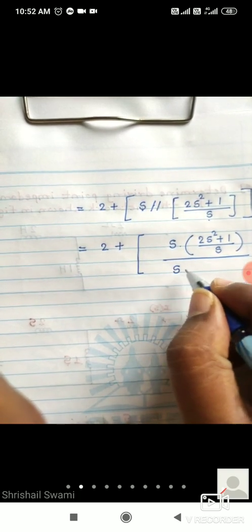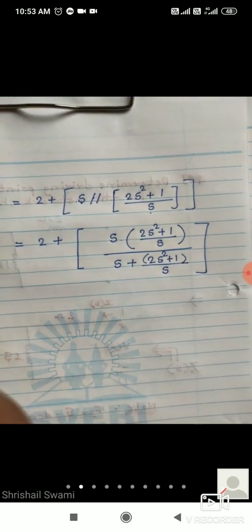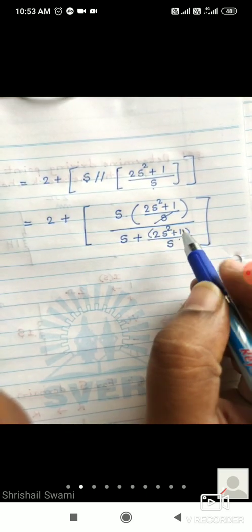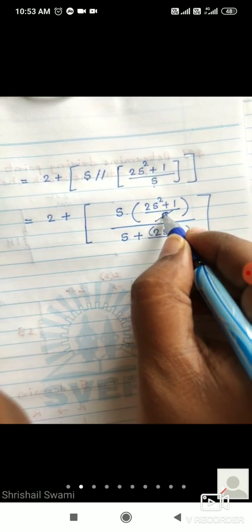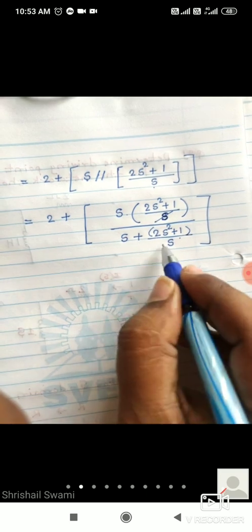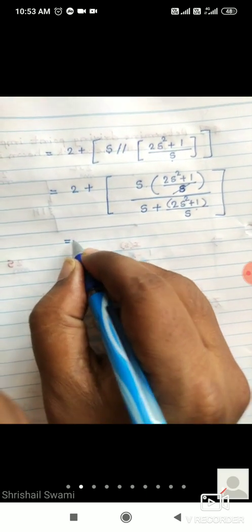Next, divided by s plus 2s square plus 1 divided by s. So this is called a parallel combination. Same way, R1 into R2 divided by R1 plus R2, like this. Okay. So this s and this s, or you can cancel like this. Okay. So keep as it is. First of all, we will solve this one, then we can cancel.